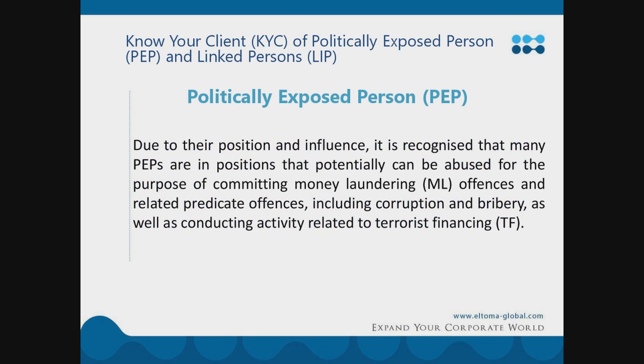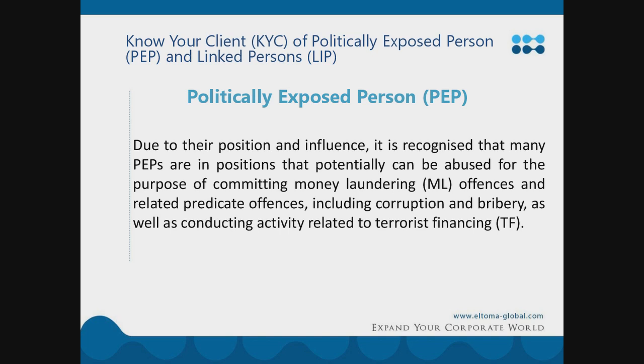So, why is a politically exposed person a high-risk client, and why should this category of clients be identified? It is because of their position and the influence that they could have in the country and over government authorities.